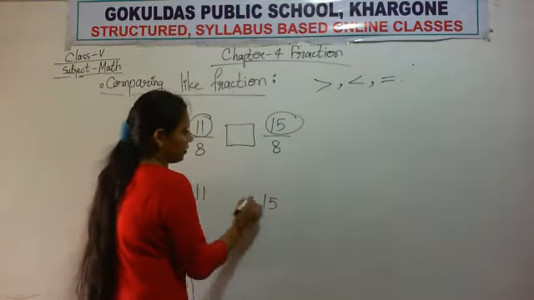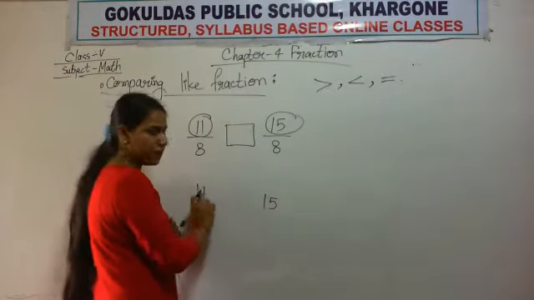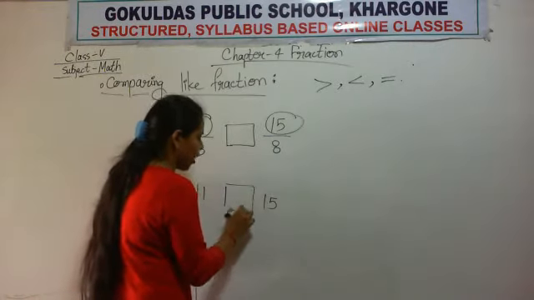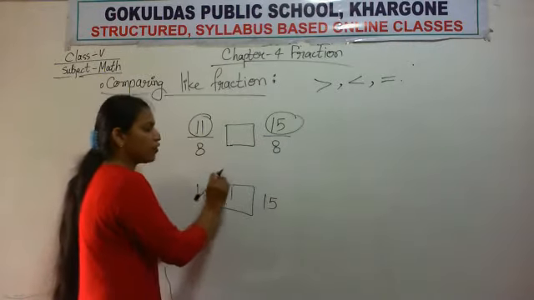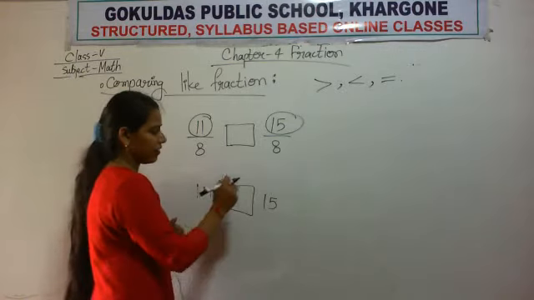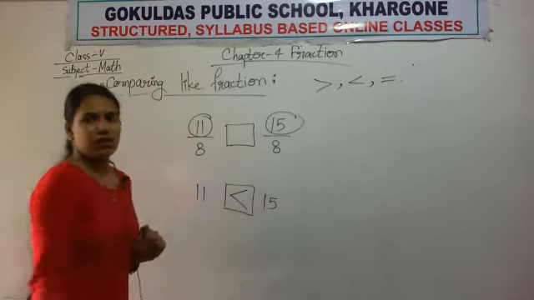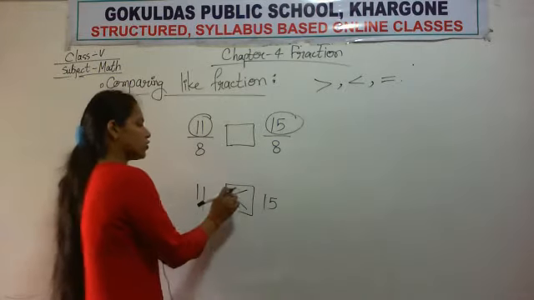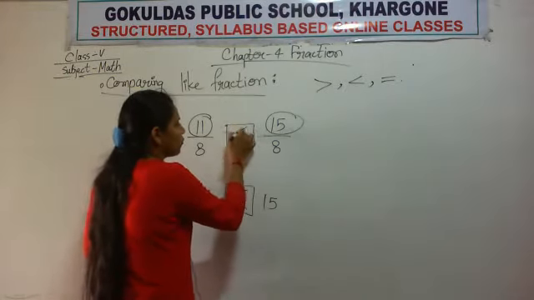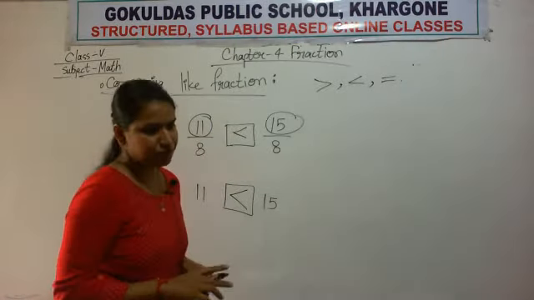In the numerator, one fraction has 11, the other has 15. Now which number is greater, 11 or 15? 15 is greater. So we will put our open mouth towards the number 15.